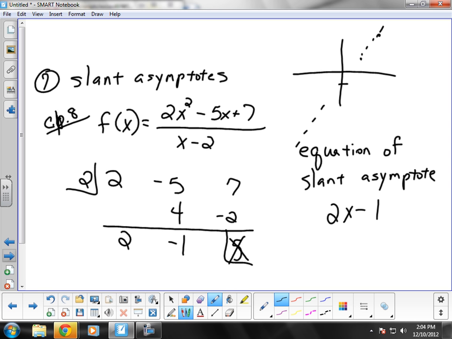Okay? That's what it means. So that's the only piece that's added to it are those slant asymptotes. And a lot of times on the test, they don't actually ask you to do a graph with the slant asymptote so much as they just want you to be able to find it and come up with the equation of the slant asymptote. So most of the time at this point you'd be finished and you'd never be graphing one of those.